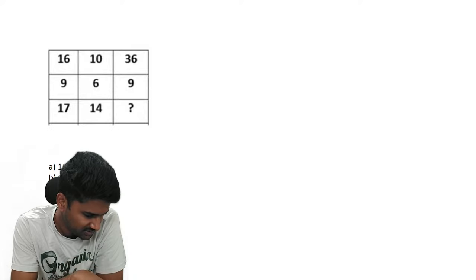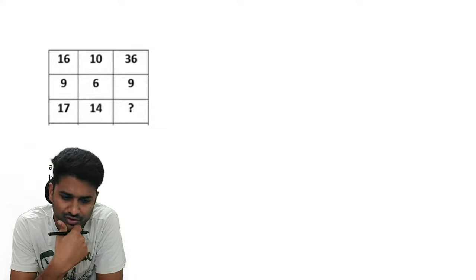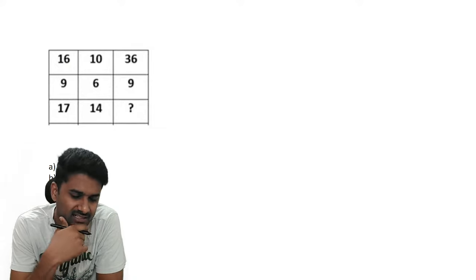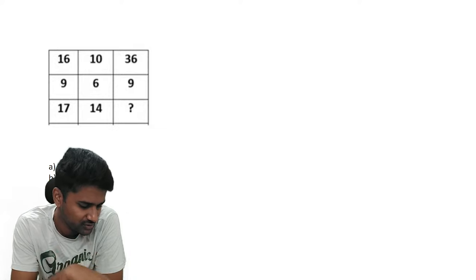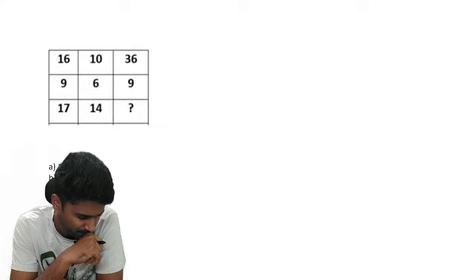That's very good, Nana, he said 100. Good. So what about this question? 16, 10, 36, 9, 6, 9, 17, 14, dash. Which number should we replace in that question?